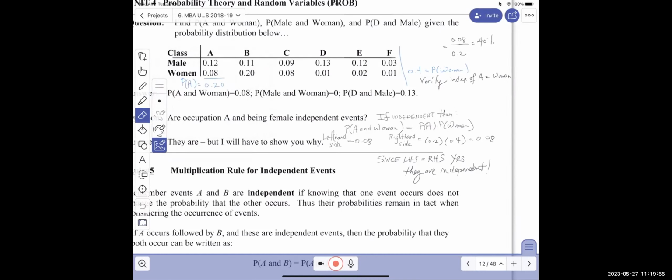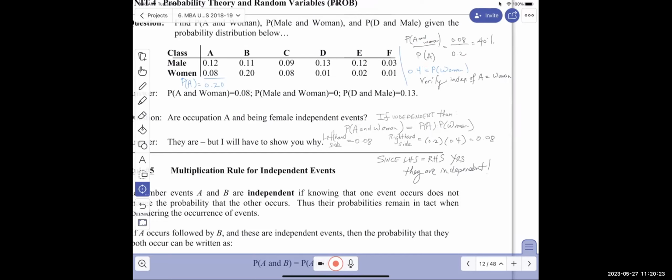What I said was check and verify that in the subset of A, just looking here, I'm rescaling, is the woman's probability 0.08 over 0.20? Is it 40%?